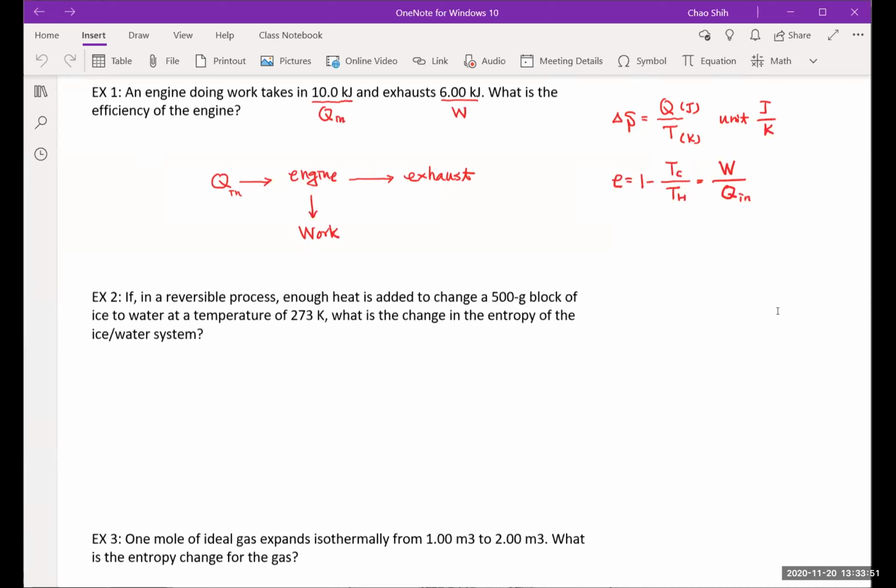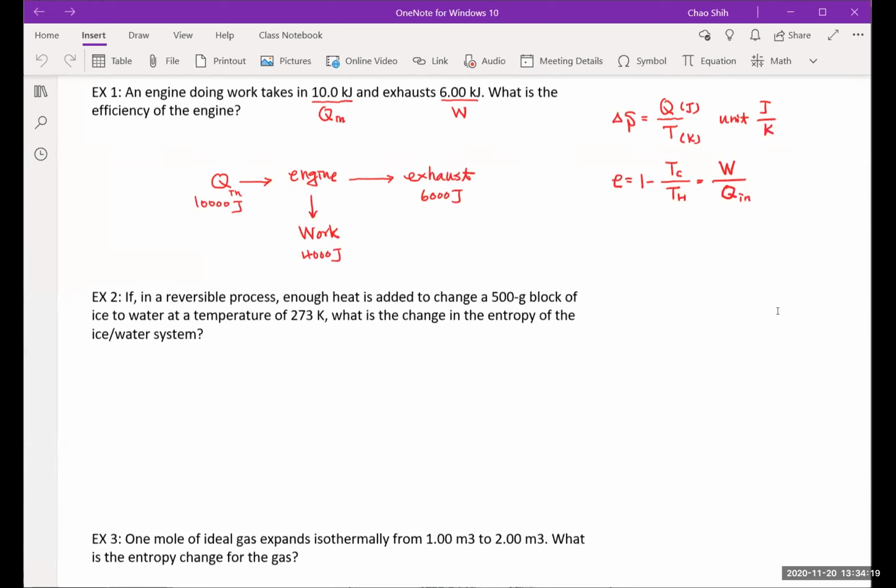So the exhaust is another energy, and we have an exhaust which is a 6,000 joule, and you take in 10,000 joule, and what is the amount of the work? The amount of work is the difference of these two numbers, so this will be 4,000 joule. So when you do the efficiency, you should use the 4,000 instead of using 6,000.